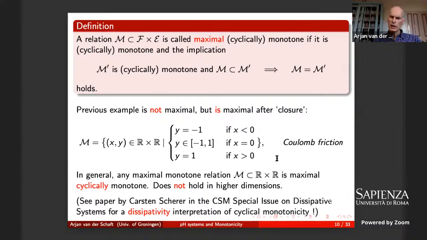And this one you can check is maximal, so we cannot extend it any further. By the way, there is a very nice paper by Carsten Scherer in one of the Control Systems Magazine special issues, but there's also a very nice story about cyclical monotonicity and dissipativity.